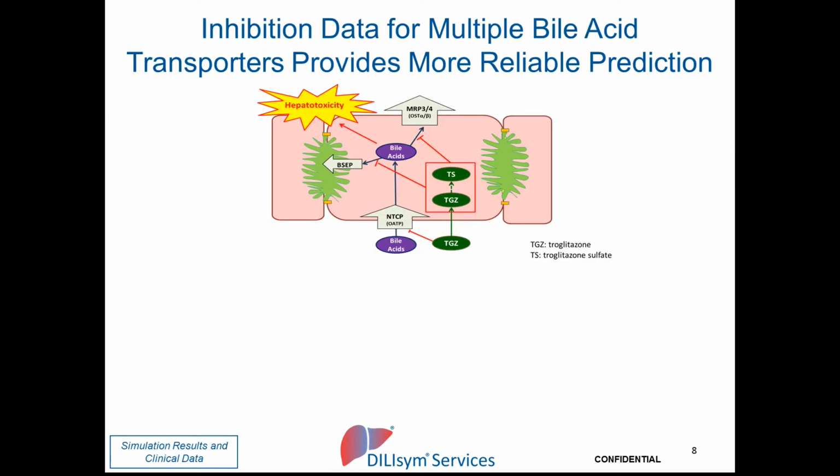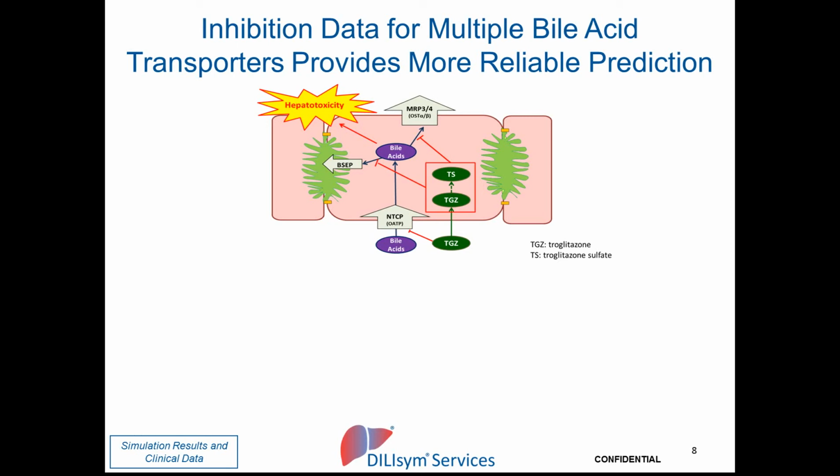So another thing to point out here is on the mechanistic side. DILIsym has the ability to ask some key what-if questions that enable the user to gather even more information about the underpinnings for a given simulation. We've already described the fact that there is interpatient individuality in the responses.